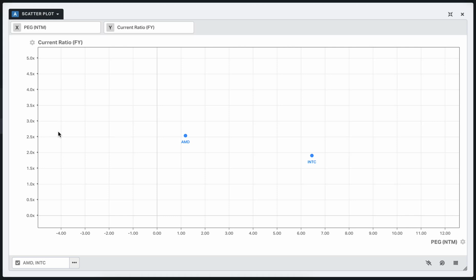And so over here, you want to see a high value, because a higher value means that we have more assets than liabilities. And over here, AMD wins, with a 2.5, a little bit more current ratio, and Intel has a little bit less than 2. So we're kind of in between right here. I mean, both companies have their merits so far.